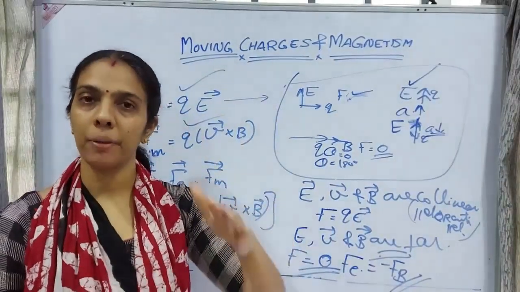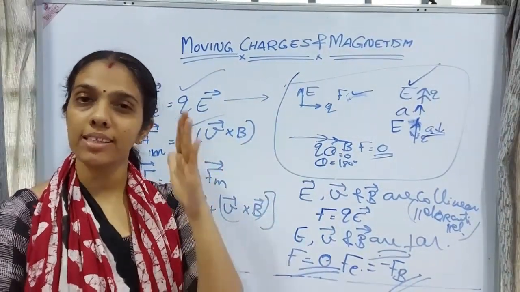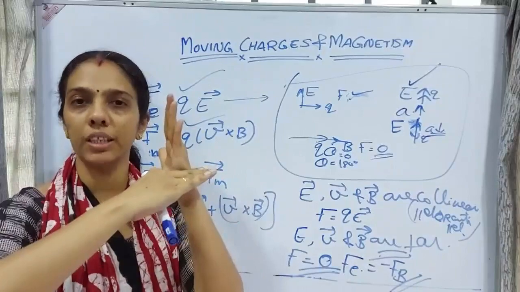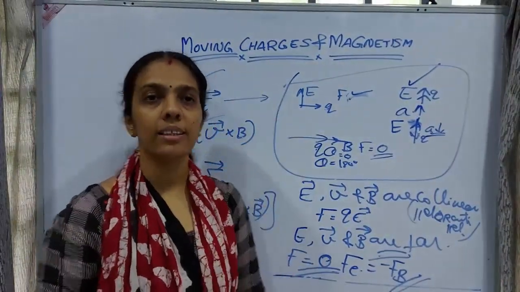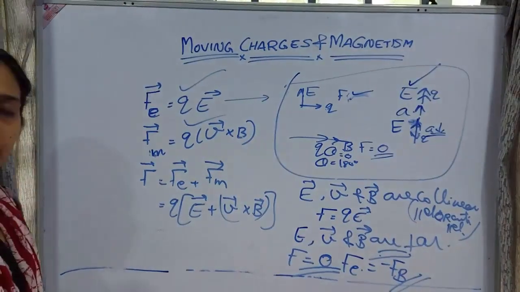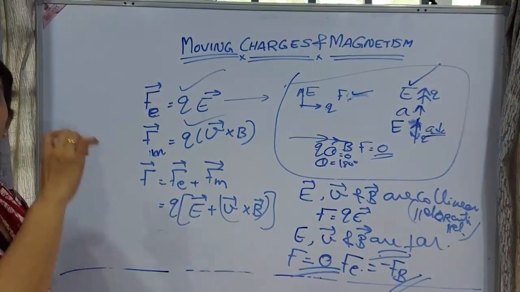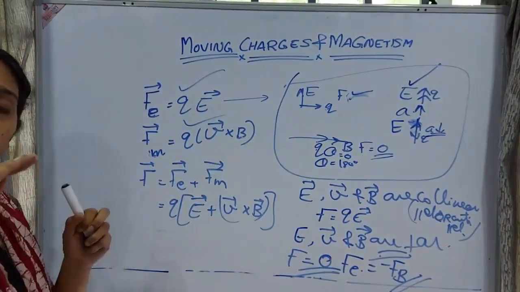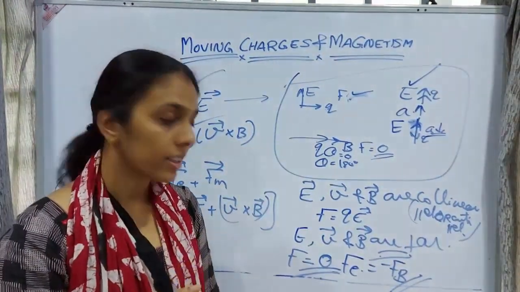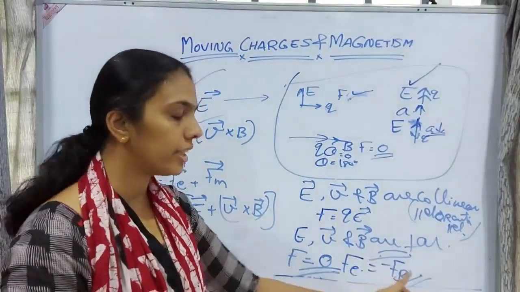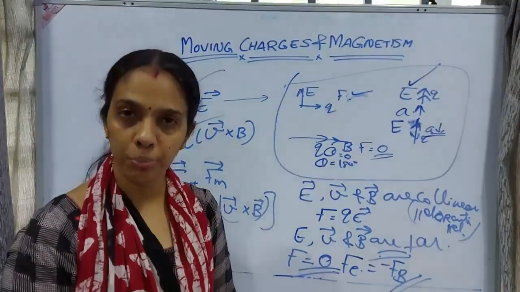E and B are perpendicular to each other, or we can say E and B are crossed fields. If a charged particle is moving in crossed fields, then the force due to E will be equal to the force due to B.